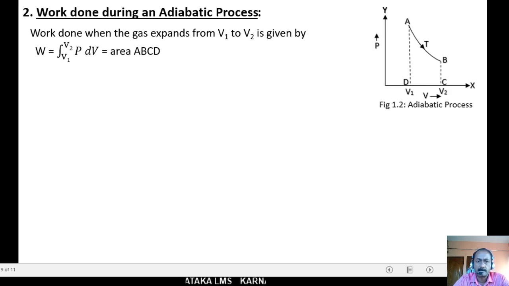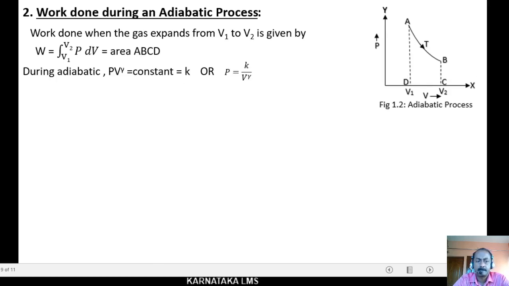Totally adiabatic process is a sudden process. Hence, when we push the piston inside and outside, the work done by the gas during expansion is given by the formula like this. Here, the integral of P dV equals area ABCD.